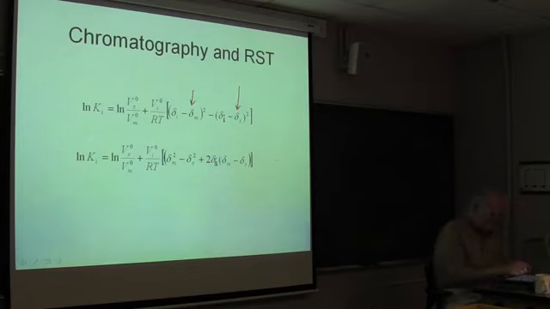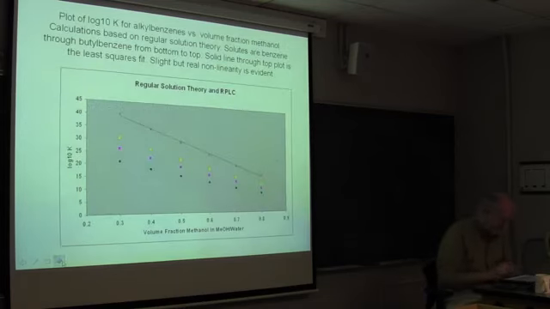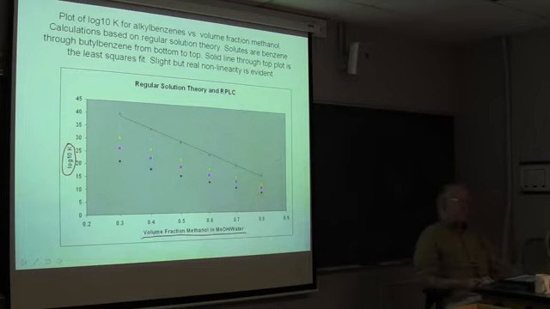So this is my final equation for liquid-liquid chromatography. It's very easy to derive from regular solution theory. This is my partition coefficient for liquid-liquid chromatography. And I'm going to calculate the log 10 of my partition coefficient as a function of the volume fraction of methanol in methanol-water.